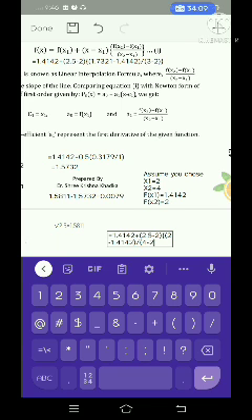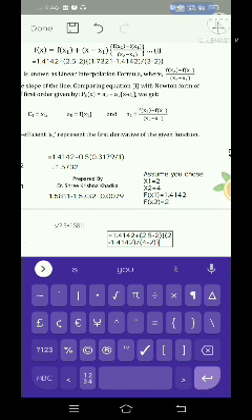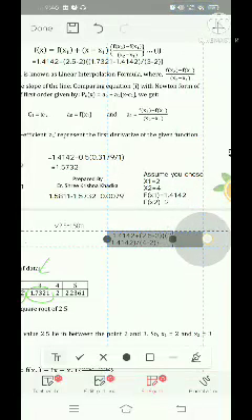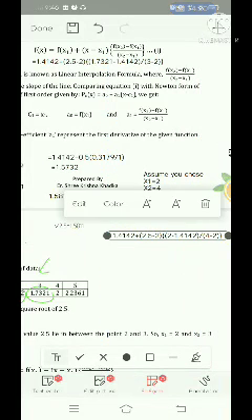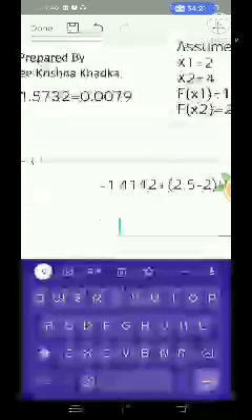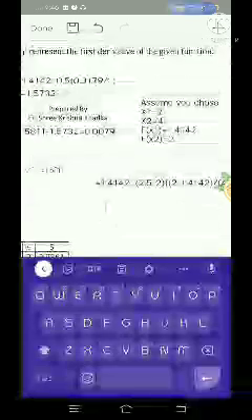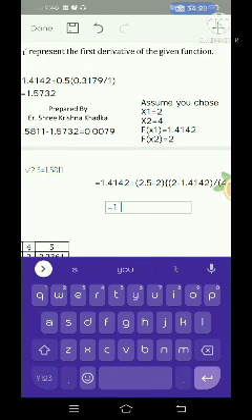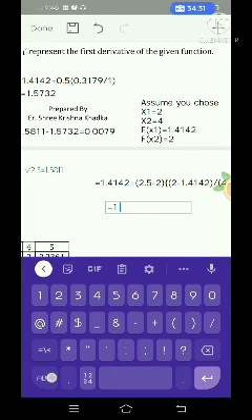Can you follow? Class? Again, fx2 is 2, minus fx1 na 1.4142, divided by x sub 2 na 4 minus x sub 1 na 2. Okay, and then close parenthesis. So using your calculator, kindly compute this.